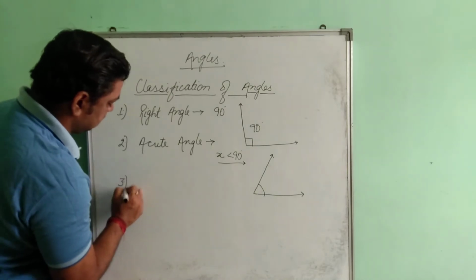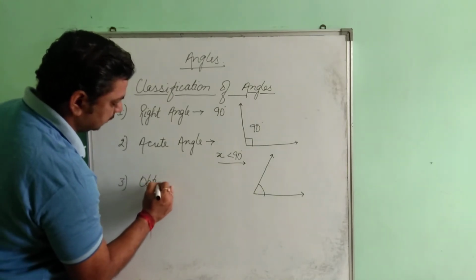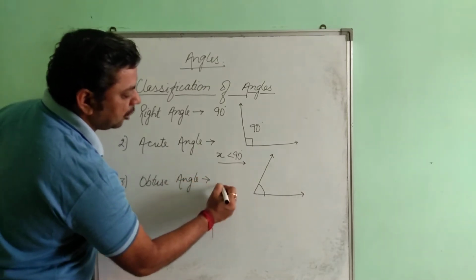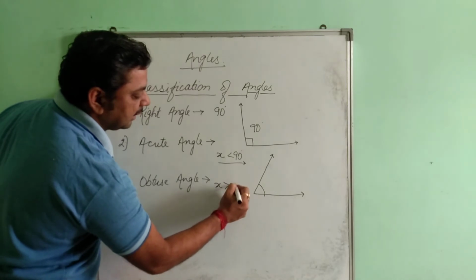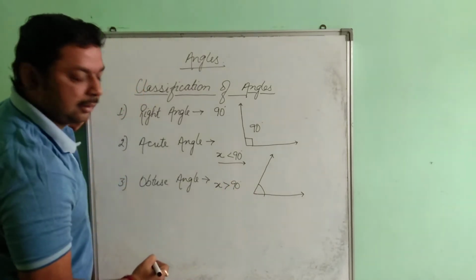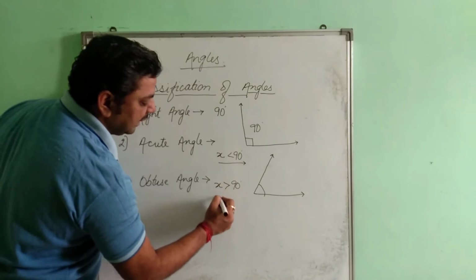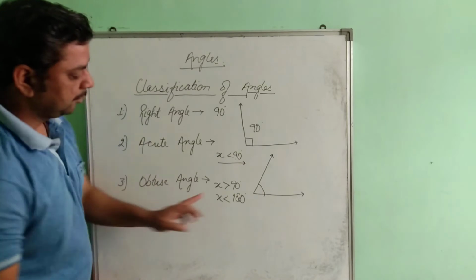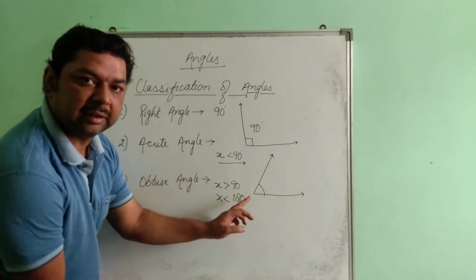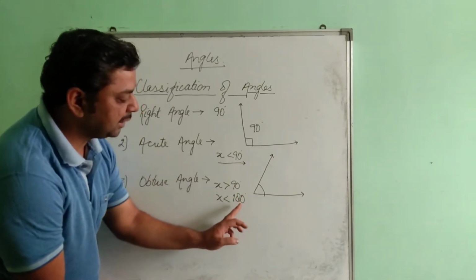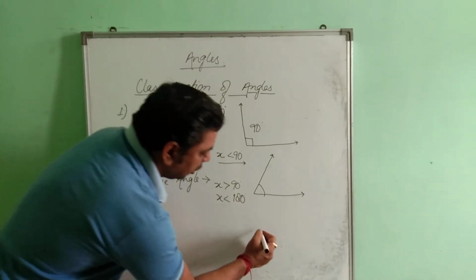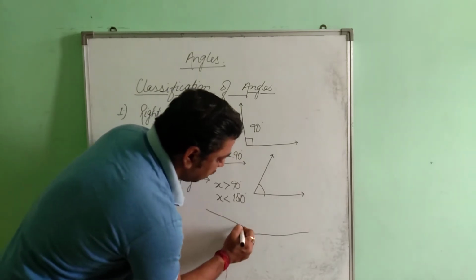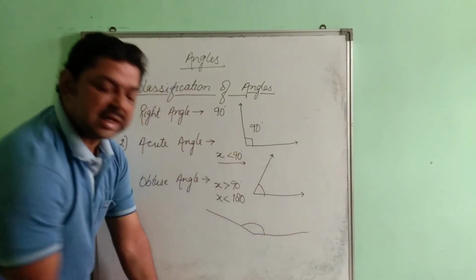Third is your obtuse angle. An obtuse angle will always be greater than 90 degrees, but it will be less than 180 degrees. Your obtuse angle will always be far away from your baseline.